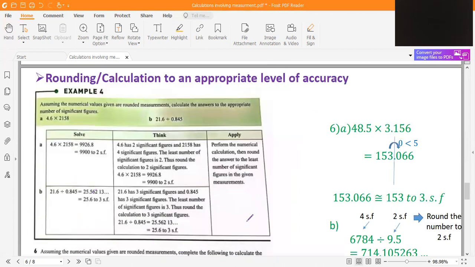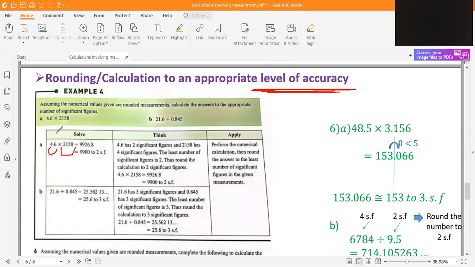In the same way, we can title this paragraph rounding calculation to an appropriate level of accuracy. So we set the level of accuracy first, and then we calculate. For example, here we have 46 by 2158.